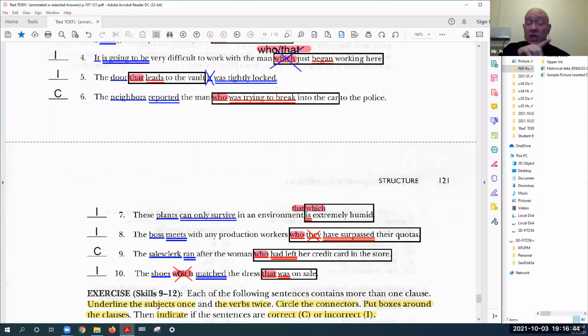And in your explanation, it's Formula 1, right? The shoes which match the dress were on sale. That is possible, but that's two steps. That's why I selected Formula 2, because with Formula 2 we have one step only. Just remove which. You got it?